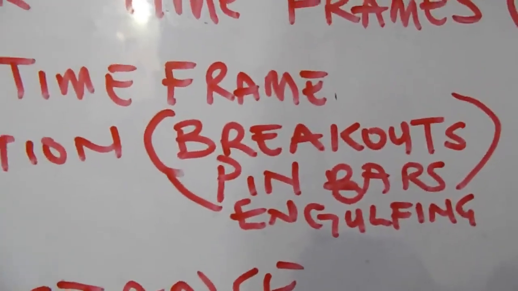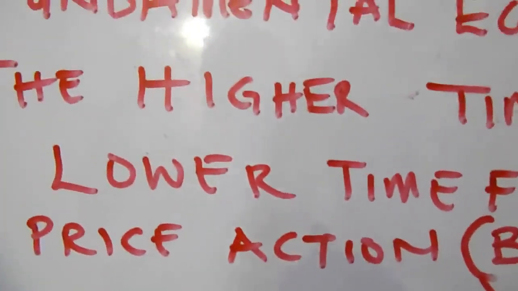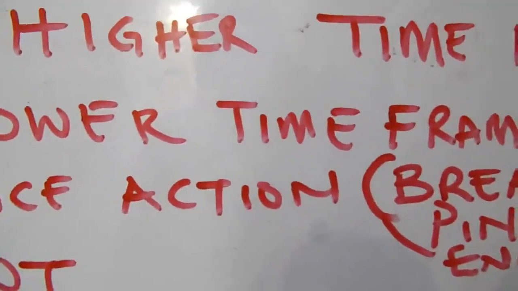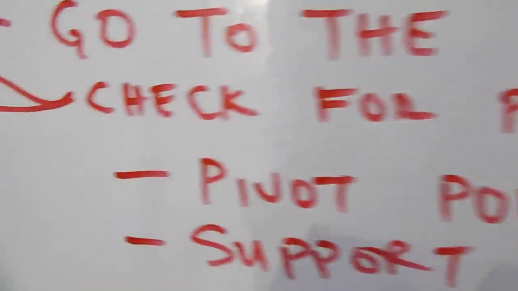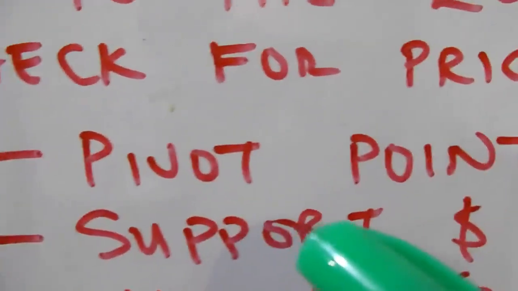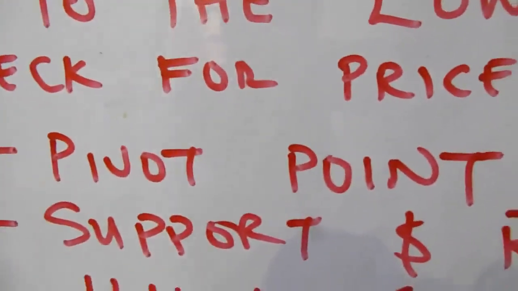GBP USD. Okay, so after going to the higher time frame and also checking the lower time frame, you have an idea of where price might likely go to. Then you also look out for the pivot point, the daily pivot point.